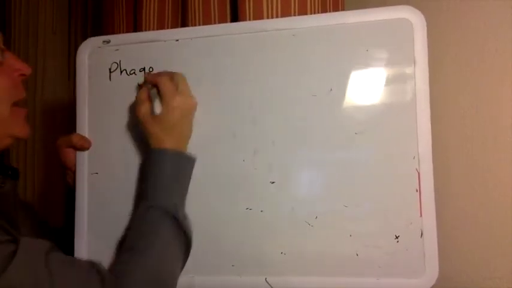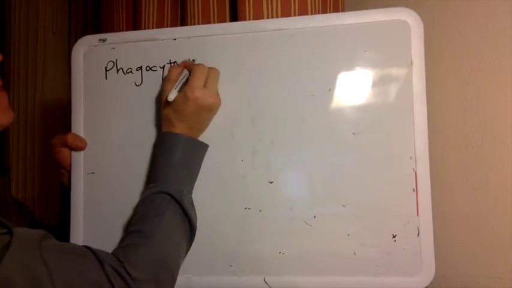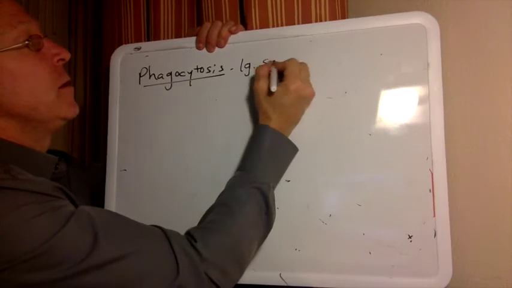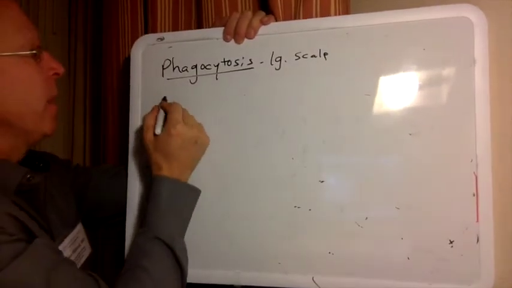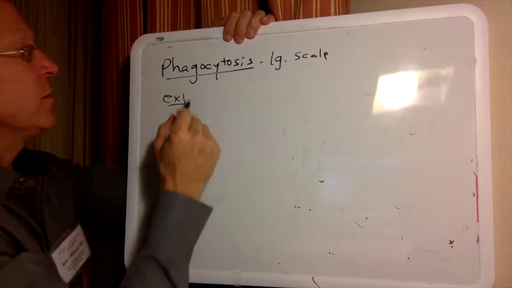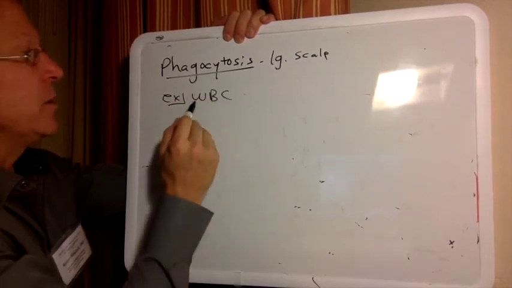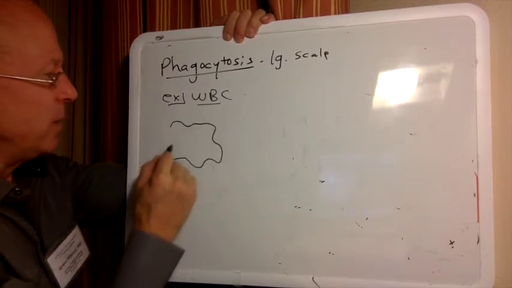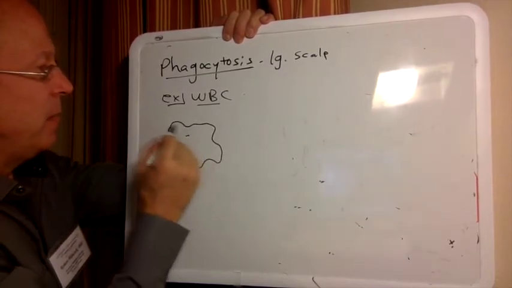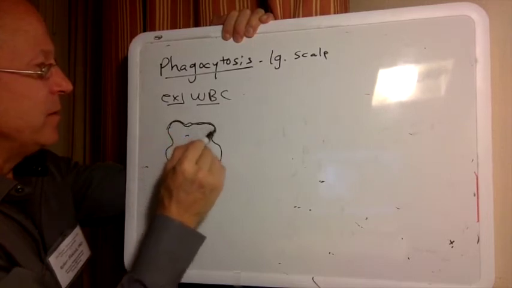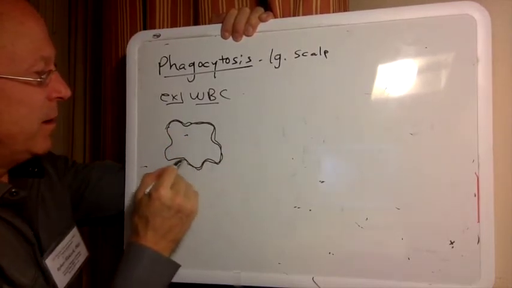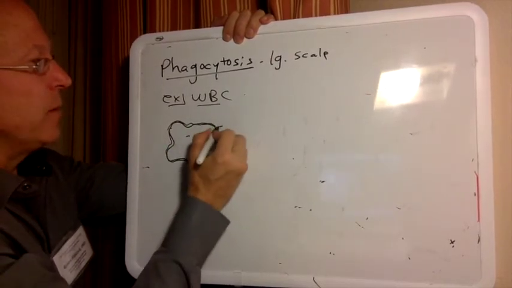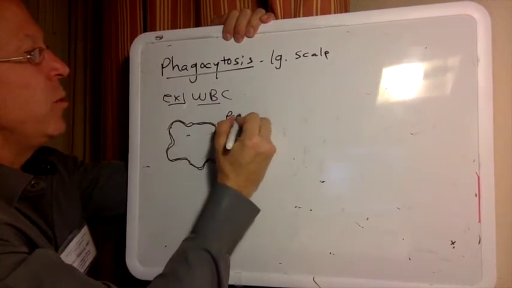I referred to this in the beginning of the lecture, so here it is. Phagocytosis. So this is large scale kinds of processes. The classic example of phagocytosis that I'll give you is a white blood cell. I've already talked about white blood cells, and here's what a white blood cell looks like. The difference between a white blood cell and other cells is that they are kind of irregular and dynamic in shape, and they call these little outcroppings here, these little bumps, pseudopodia.